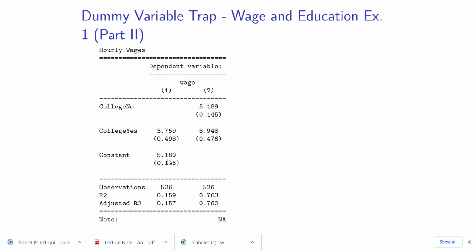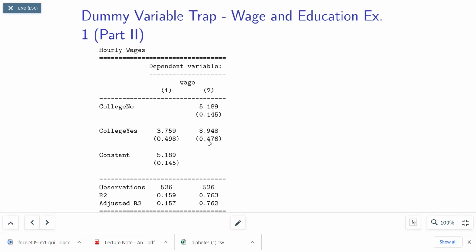In this case, the mean wage for workers without a college degree is $5.19. The estimate for college yes shows how much more a college grad earns compared to someone without a college degree. In this case, we see that someone with a college degree earns $3.76 more as compared to someone without a college degree.